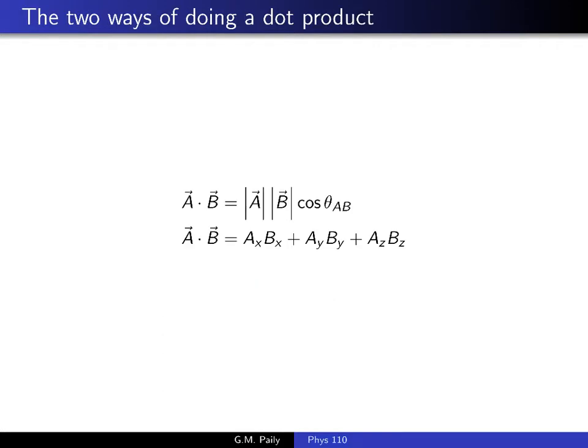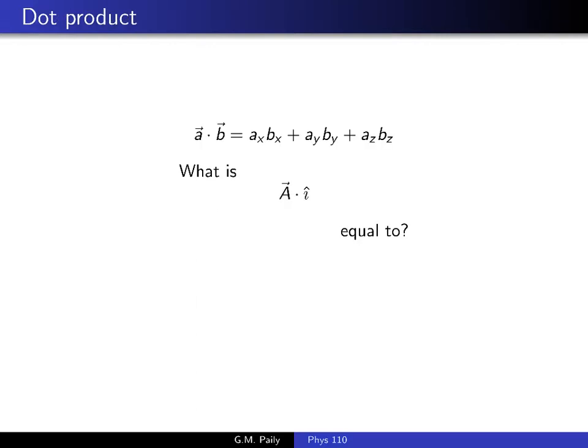Now a reminder, there are two ways to do the dot product. One is by using the magnitudes of the two vectors and the cosine of the angle between them. And the other is, if you know the components of the two vectors, using a simple formula of multiplication and addition. Here's a simple question.